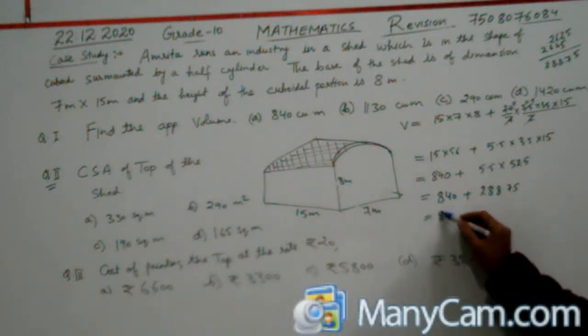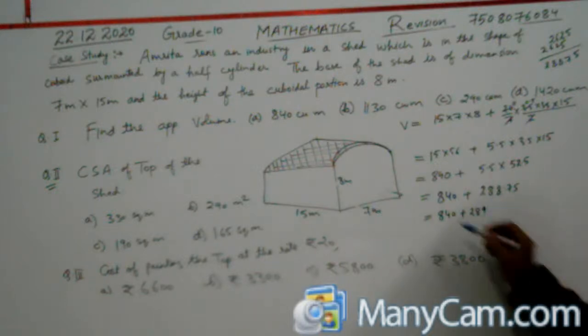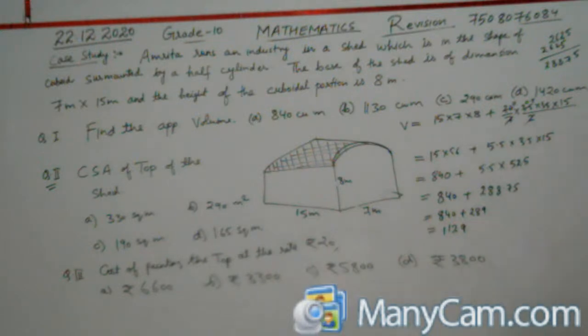So here 840 plus 289. What is it? 9, 12, and here 11. So it is near about 1130. What will be the right option?